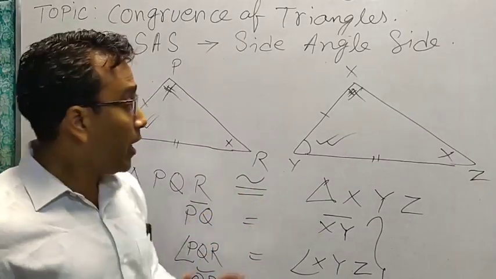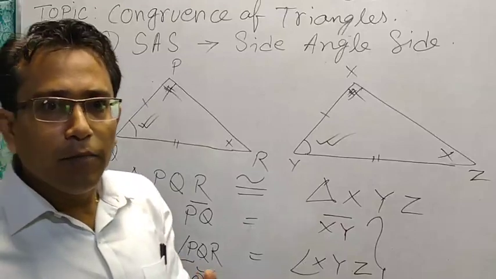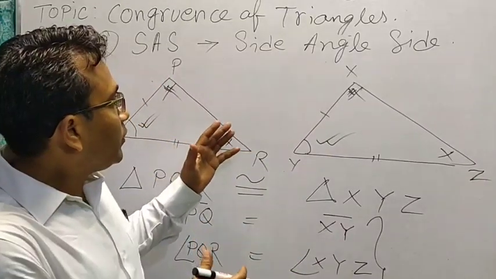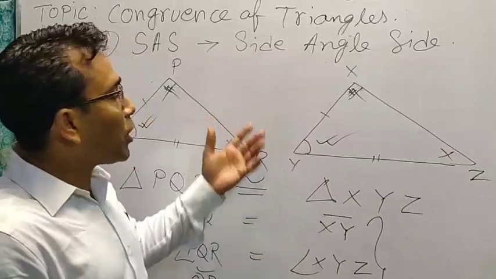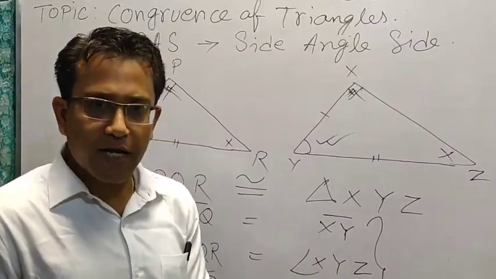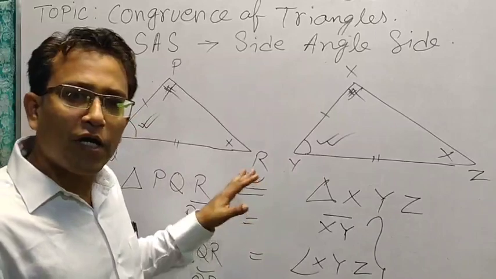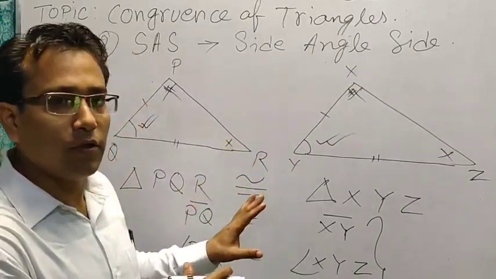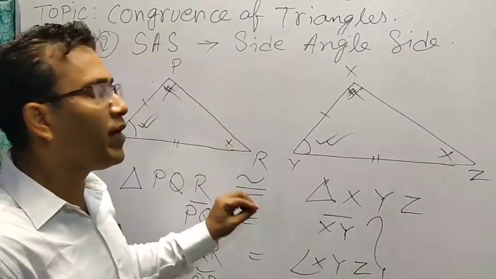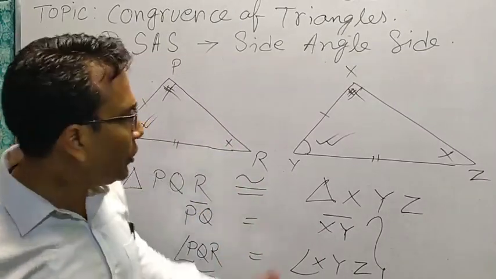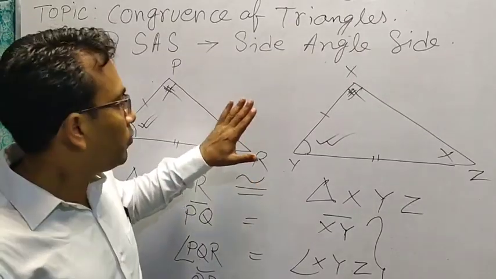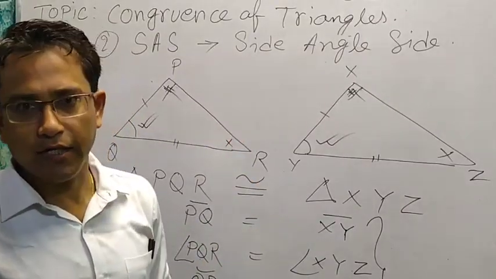You have to prove all the proofs or all the theorems related to the congruency of triangles. You will get proper information in the question paper, either through drawing or by information given in the question. So these are the initial two rules for congruency of triangles.